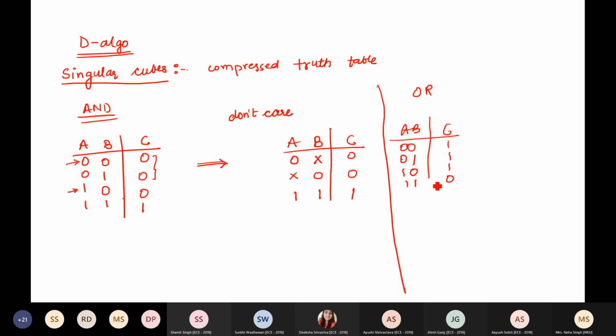The OR gate output is 0 1 1 1. I try to combine the rows where the output is the same. So if A is 0, B is anything, don't care, then C is 1. Combine the first and the third row. A becomes X, B becomes 0, but the output is still 1. Sorry, something is wrong here, I wrote it wrong.